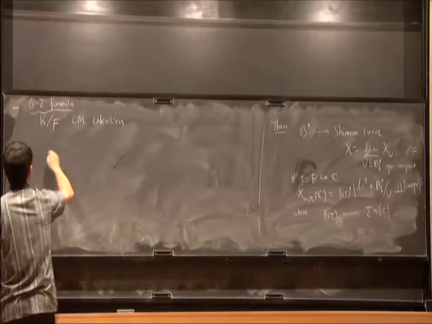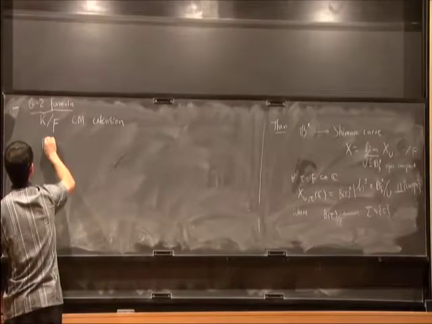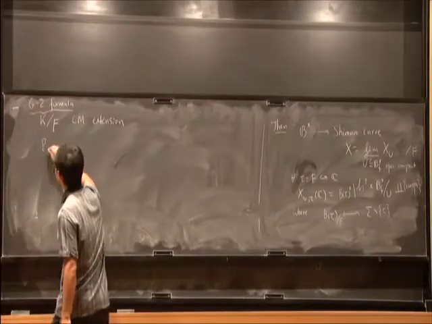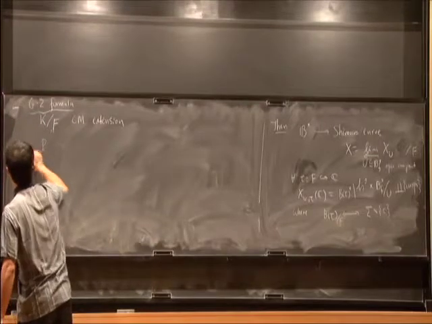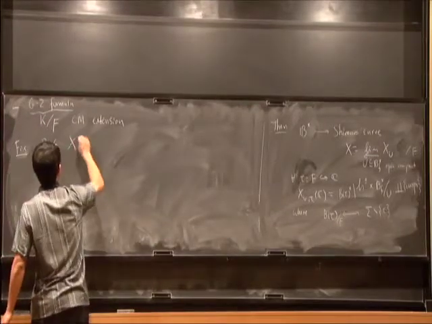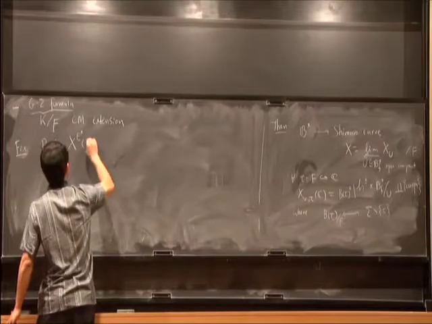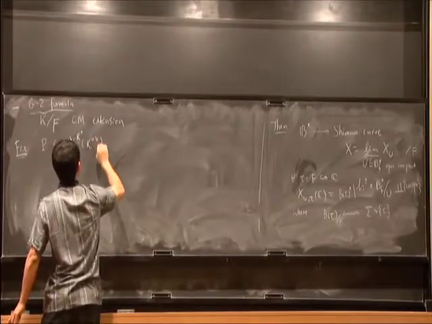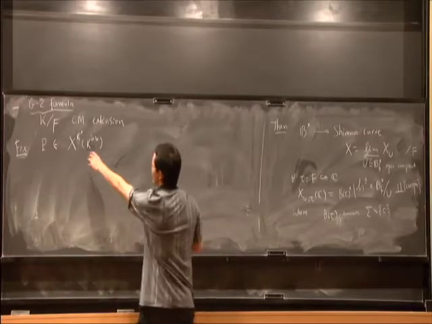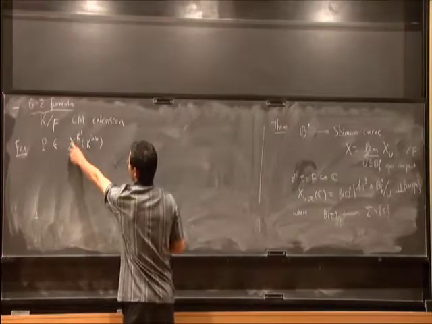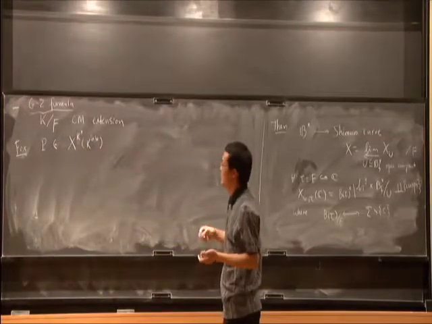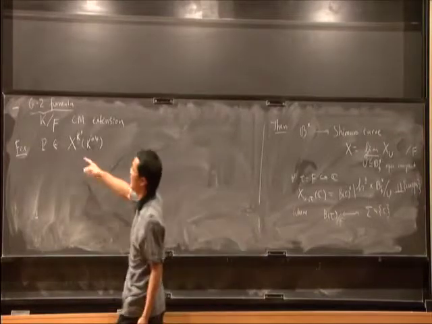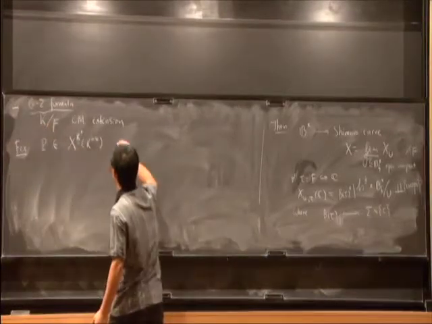We take a point P, fix one point P in X_E cross K^ab. This is the K cross fixed part of X. It has two copies of the Shimura variety associated to K. This is just the same point.